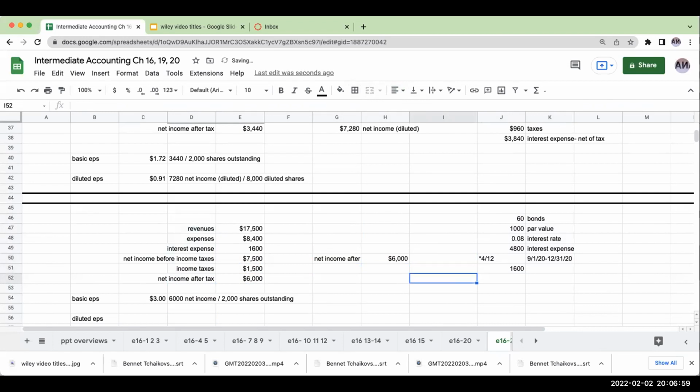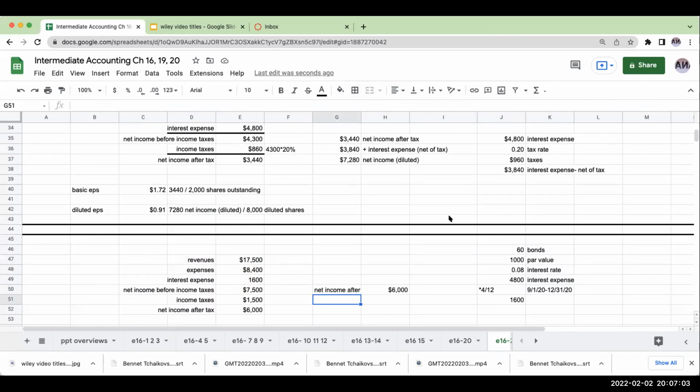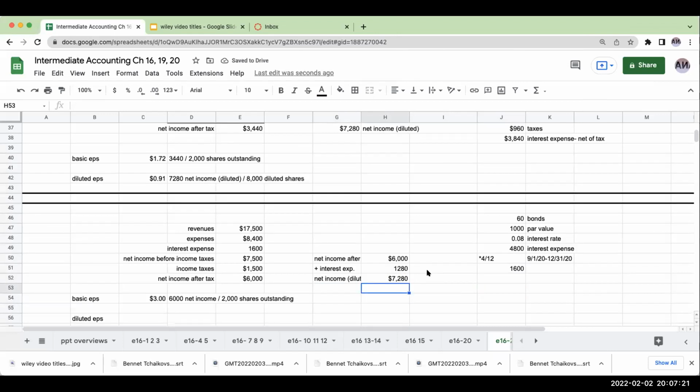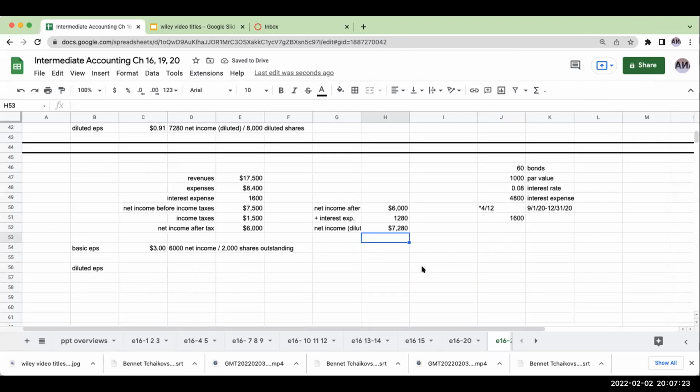And then I'm going to add back in my interest expense net of tax. So I'm going to take 1,600, multiply it by 0.8. So my net income diluted is going to be 7,280. So that's going to be my numerator. I'm adding back the interest expense net of tax.